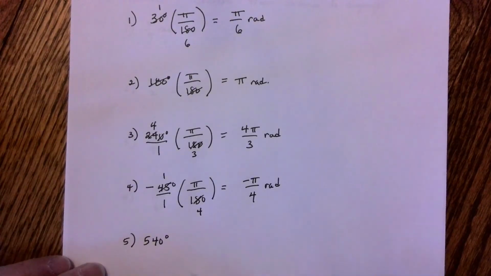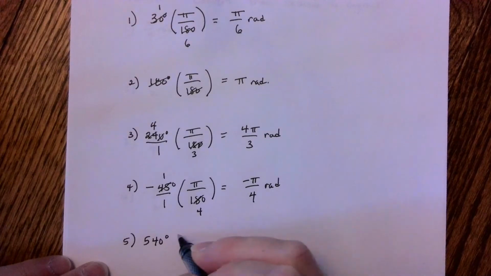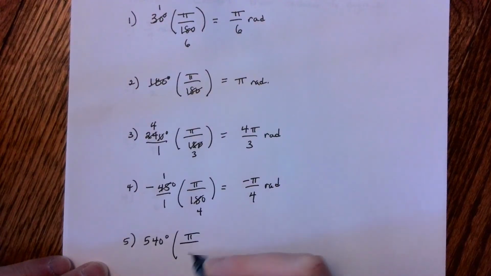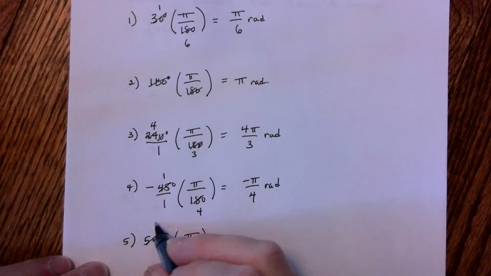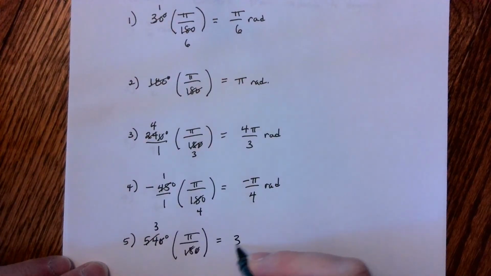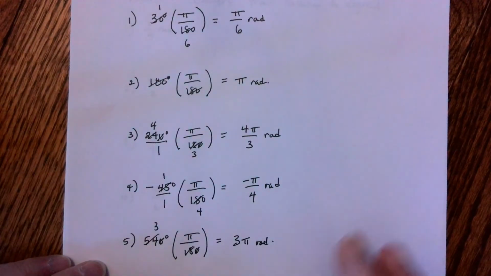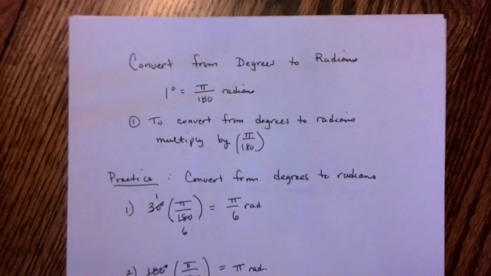The very last problem here, 540 degrees. Once again, the process does not change. We're going to multiply times pi over 180, and then we're simply going to reduce. Now 54 divided by 18 is just 3, so we end up with 3 pi radians. So to convert again from degrees to radians, what do we need to do?